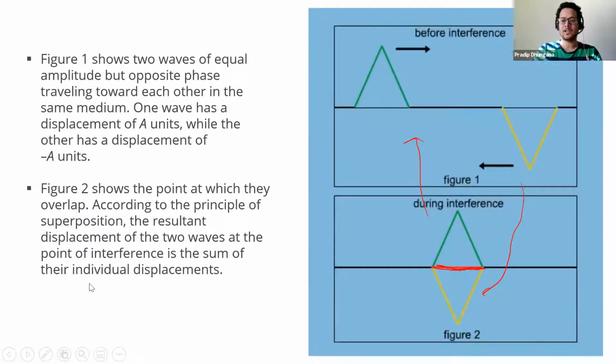If the two waves are in phase, we'll add those together, and that is constructive interference. And if two waves are out of phase, then we'll subtract one from the other.